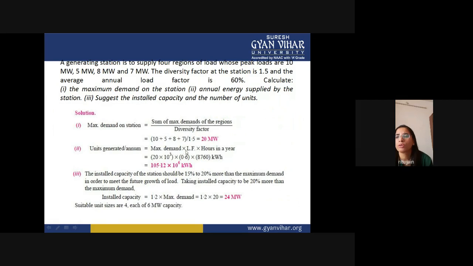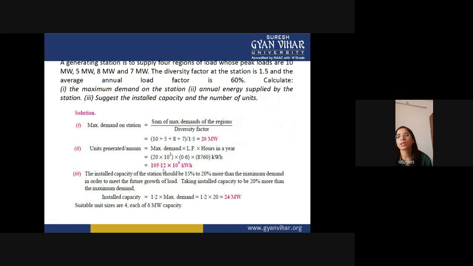So the load factor equals units generated per annum upon maximum demand into hours. So units generated per annum equals maximum demand, which is 20 megawatt, times load factor 0.6, times hours in a year, 8760. So the units generated per annum is 105.12 into 10 to the power 6.